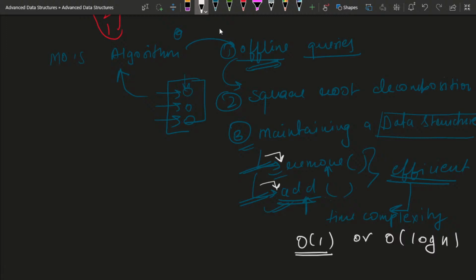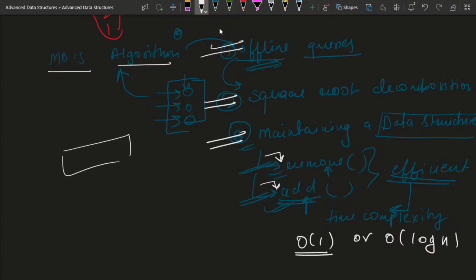Okay, yes, now these three points are enough to start with the Mo's algorithm. So keep these three points in your mind. If you are getting any problem, first you identify the nature of queries.